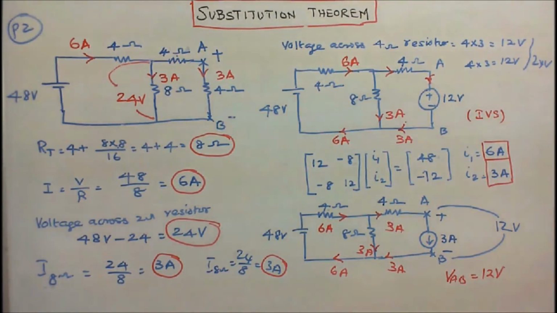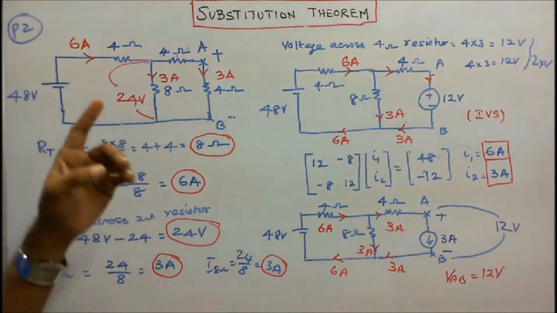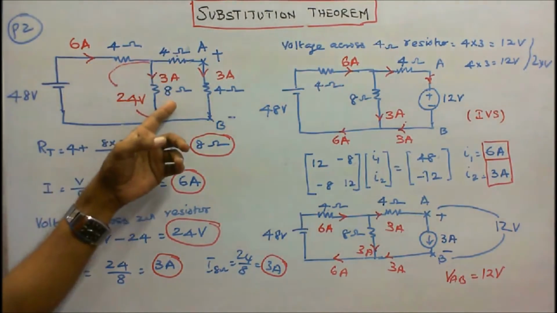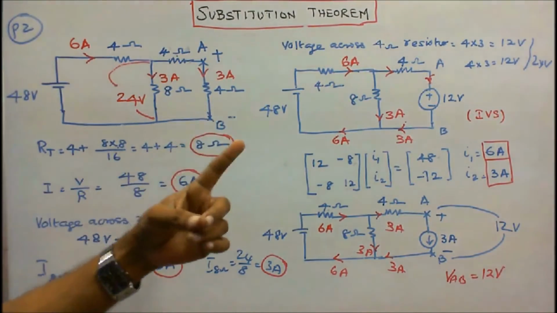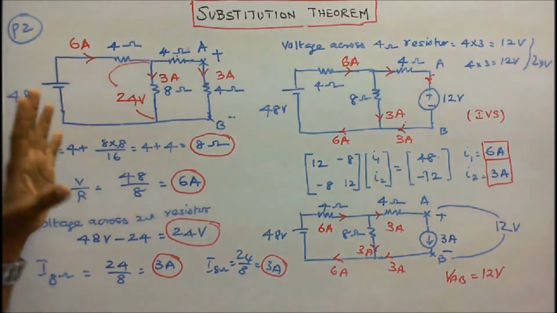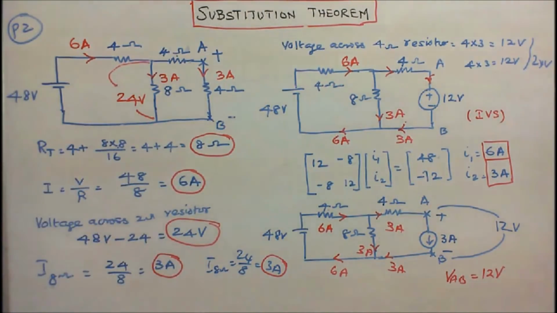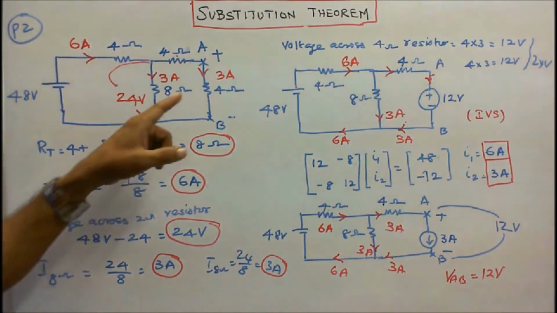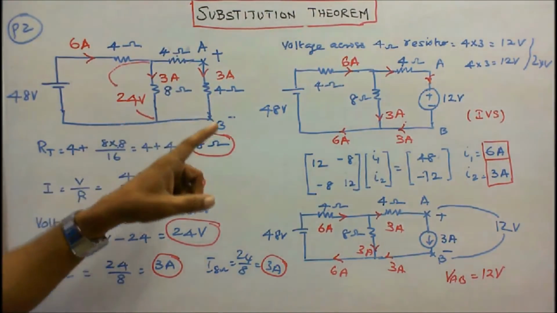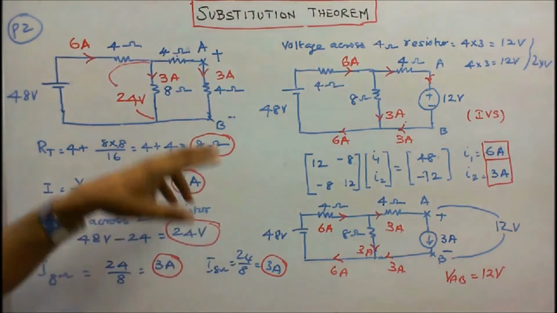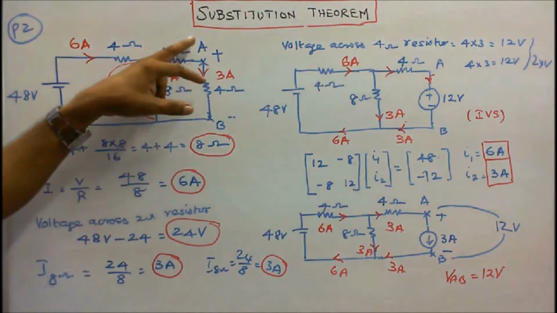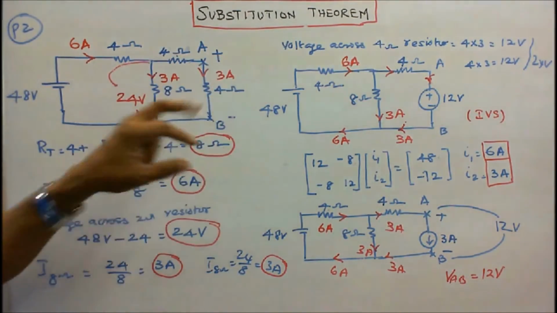Problem number 2. Four resistors of 4 ohm, 4 ohm, 8 ohm and 4 ohm and one voltage source of 48 volts are connected as shown in the figure. The question is, substitute an independent voltage source and an independent current source in the branch AB. This is A, this is B, this is positive, this is negative.